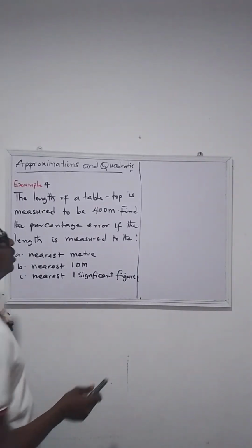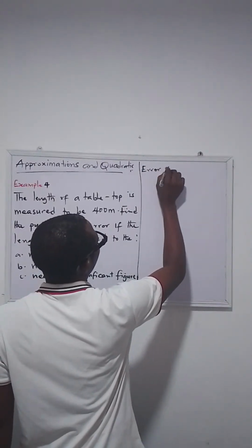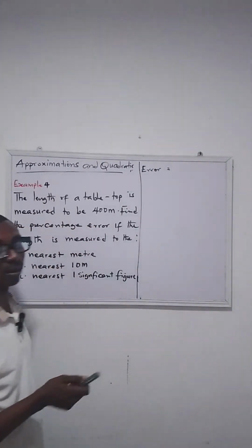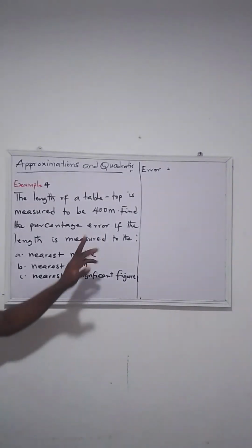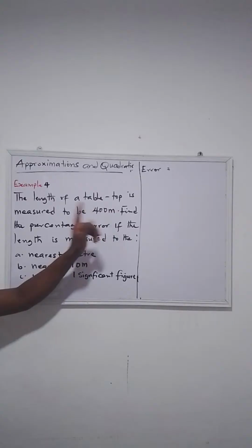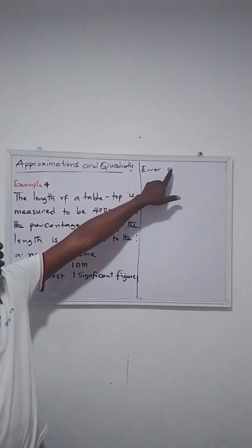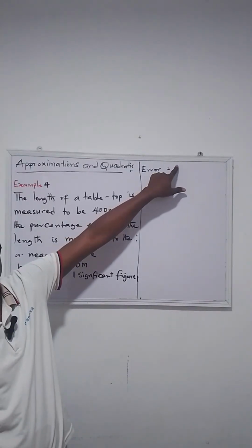All right, so now that means error will be half of the position value. Now position value of meters in this case, since it is to the nearest meter, that's going to be unit. Unit is 1, so to the nearest meter, it's going to be 1/2.